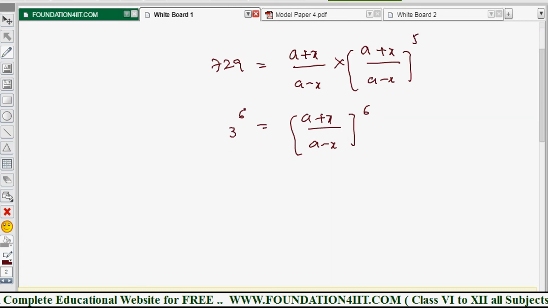Then if you cancel the powers, 3 by 1 is equal to a plus x by a minus x.